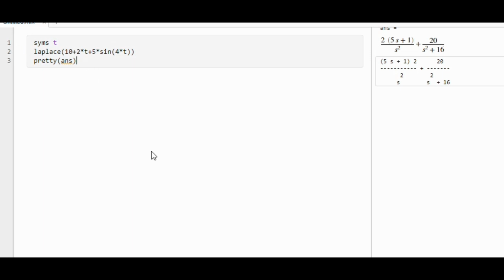Now we will change it, and now we find the inverse Laplace. So this is the code for the inverse Laplace. You will type syms s, ilaplace, which means inverse Laplace of 6 divided by s plus 2s divided by s square plus 16 minus 4 divided by s square.